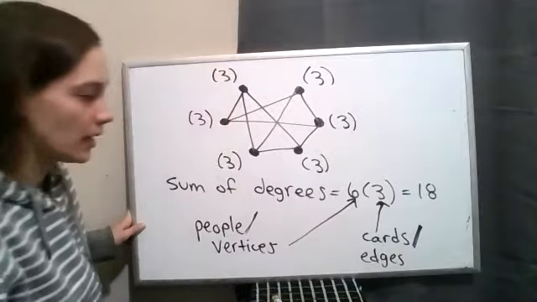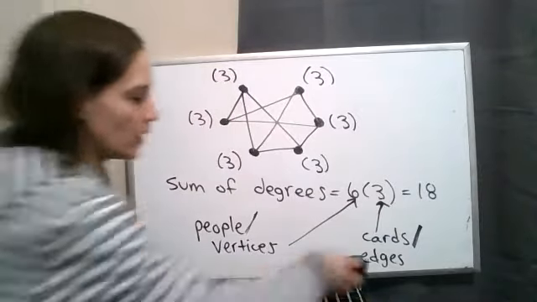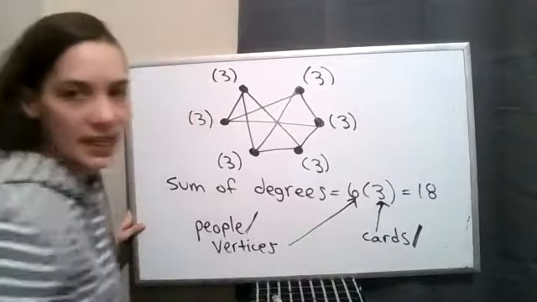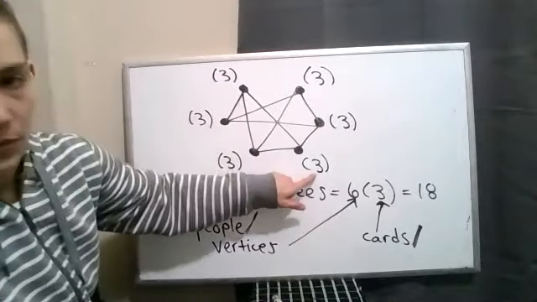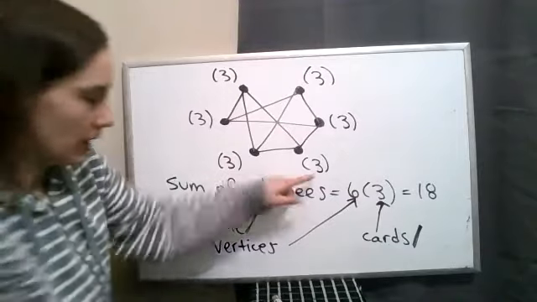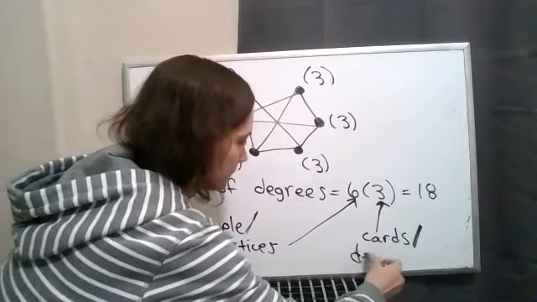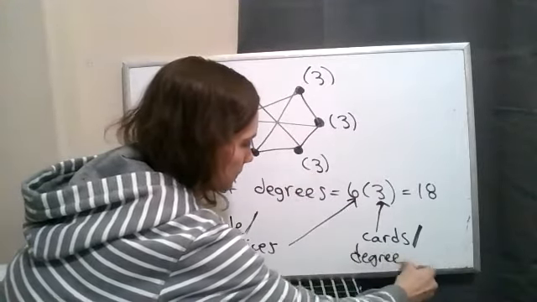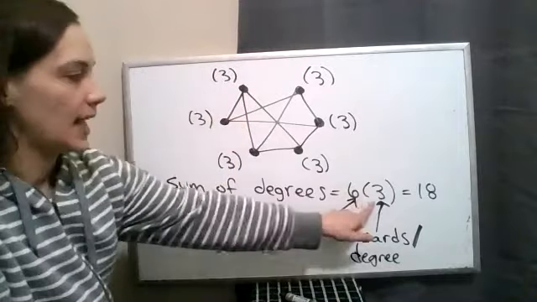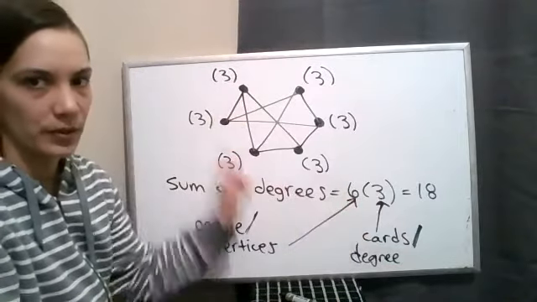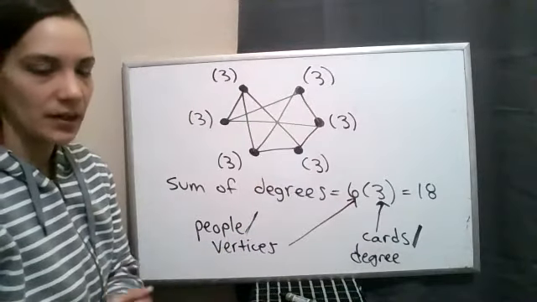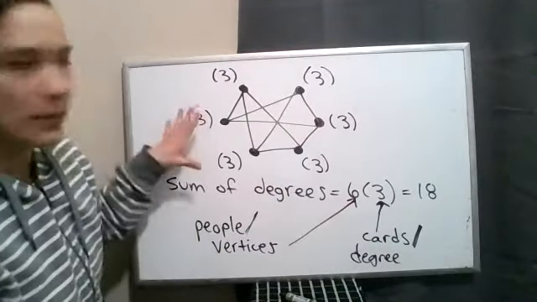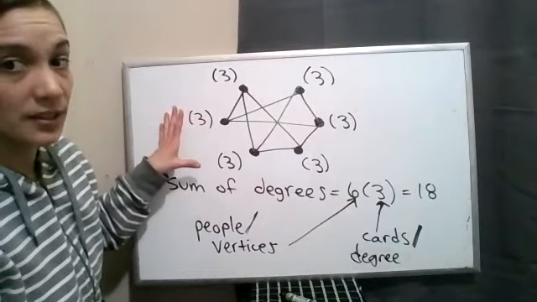Or actually, you know what, that gives us the degree. So it's the degree 3 for the number of cards that you get, and it happened 6 times, once for each person. Okay, we still need to do more work. Take that number and divide it by 2, and that will give you the number of connections, or the number of cards.